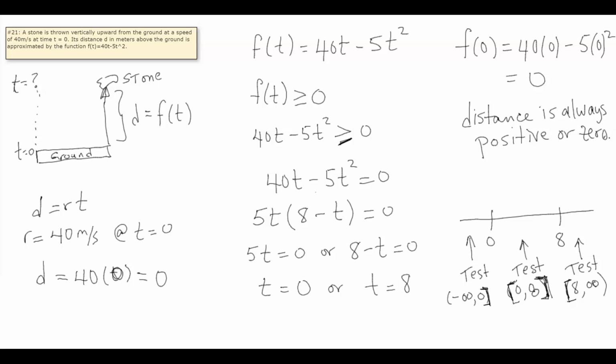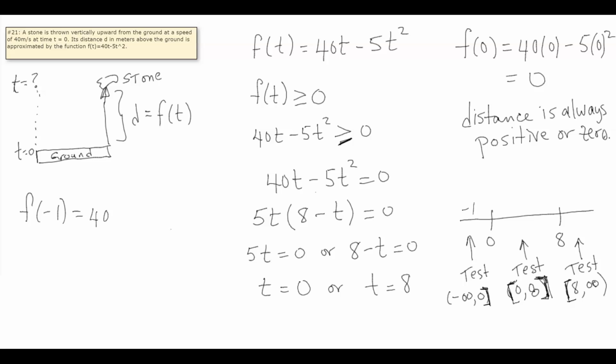So let's pick a test value that's in the interval from negative infinity up to 0, like negative 1. If I take negative 1 and plug it into our function, f of negative 1 is equal to 40 times negative 1 minus 5 times negative 1 squared, which gives me negative 40 minus 5, which gives me negative 45.